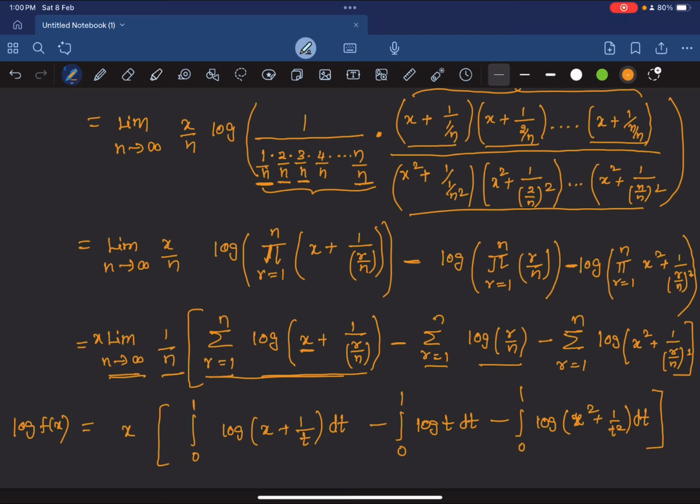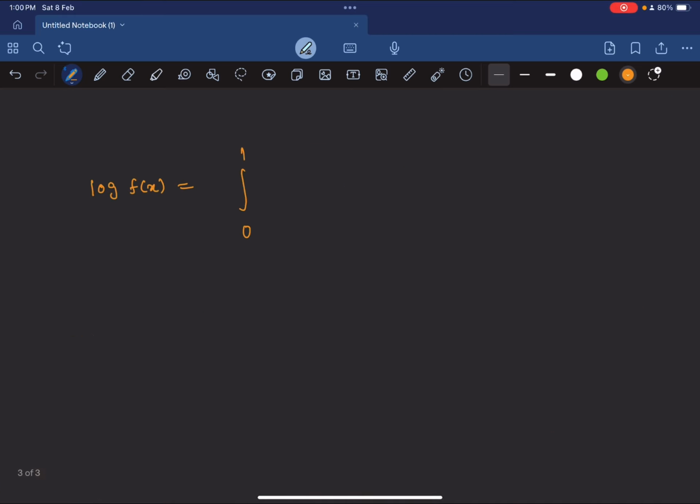Applying logarithm formulas, you get log of x plus 1 by t in the numerator, and the denominator will be t times x square plus 1 by t square, dt. This is the integral that you end up with.